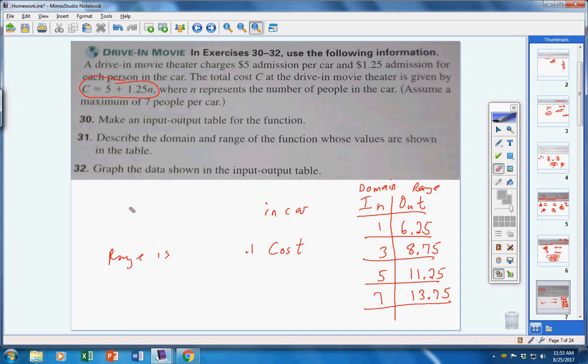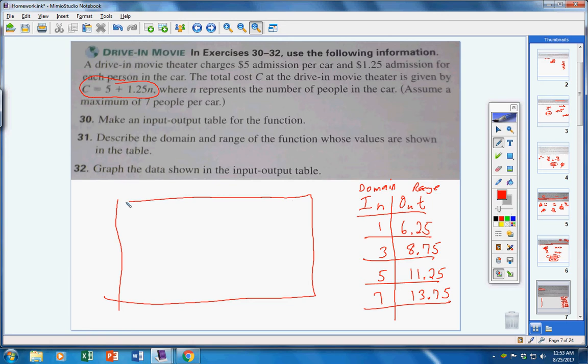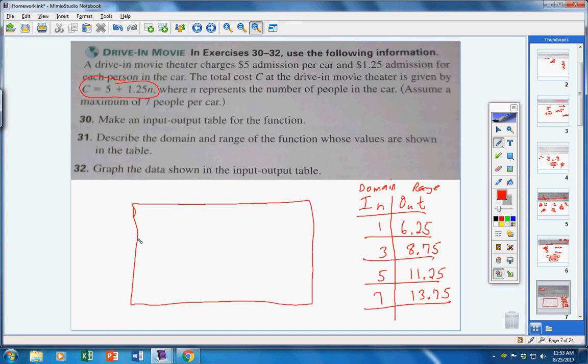Now, they want us to graph the data, kind of like a line graph. So we'll do this pretty quickly here, guys. We're just going to estimate it. It's like a line graph will be fine. So I'm just going to say 1, 3, spread these out a little bit.